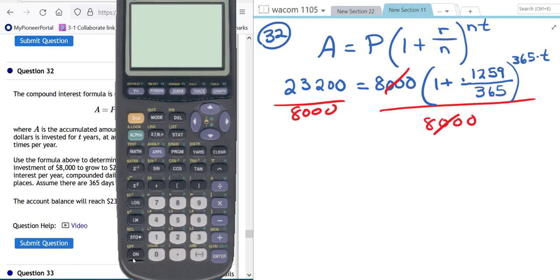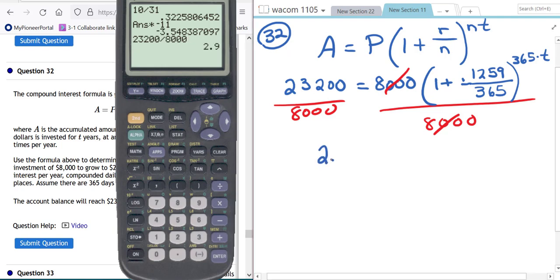And I'm going to just go ahead and do that on the calculator real quick. We get 2.9. All right. I am also going to go ahead and work out the inside of this. This will give us a number. And I would do the fraction first in my calculator. So I'm going to hit clear.